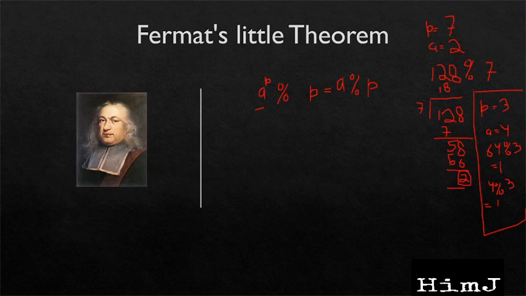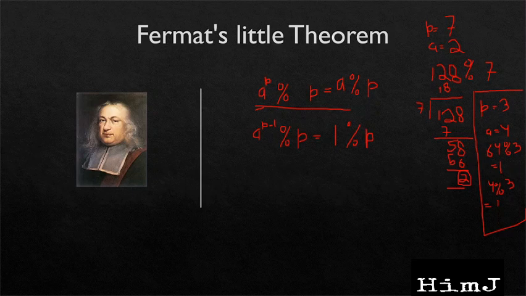Now before going into applications, let us see a modification of this theorem, which goes like this. Suppose a is not divisible by p, so if we divide both sides by a inside modulo, we will get something like this. And this can be extended further.